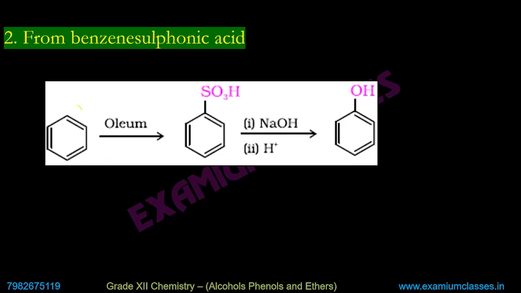Then, a similar reaction, but here you don't need very high temperature and pressure. You react it with caustic soda, followed by acidic hydrolysis, and you get phenol. So the previous reaction and this one are similar in mechanism, only the pressure and temperature differ.